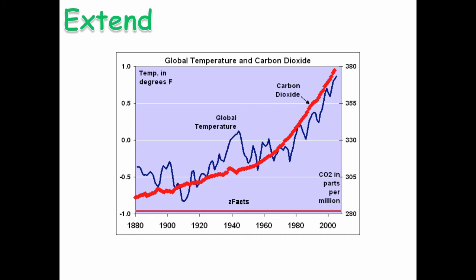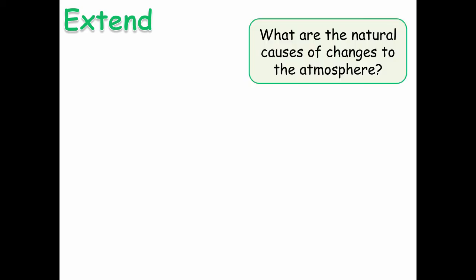As you can see, from 1880 to current day, the amount of carbon dioxide has increased. What's happened to temperature? You're right, the temperature has increased as well. We call this theory global warming, or the greenhouse effect.